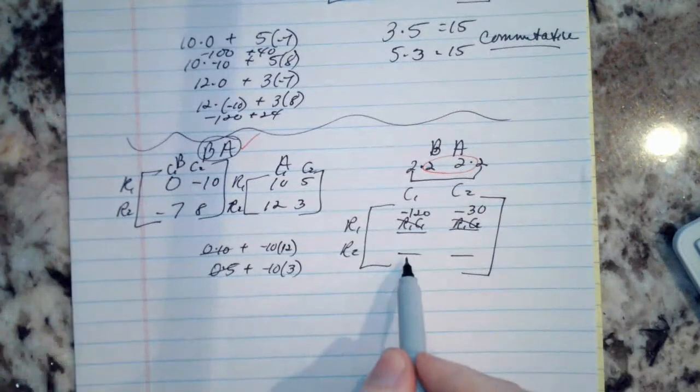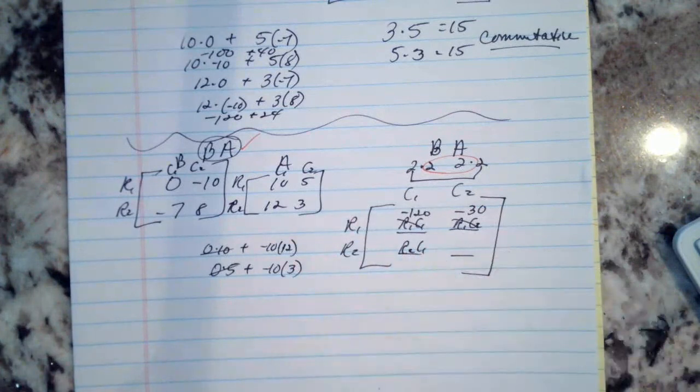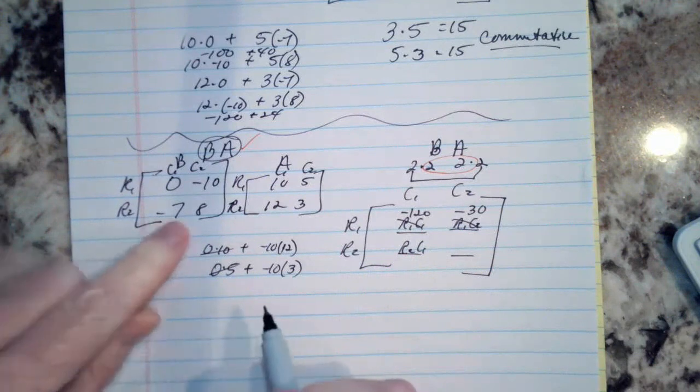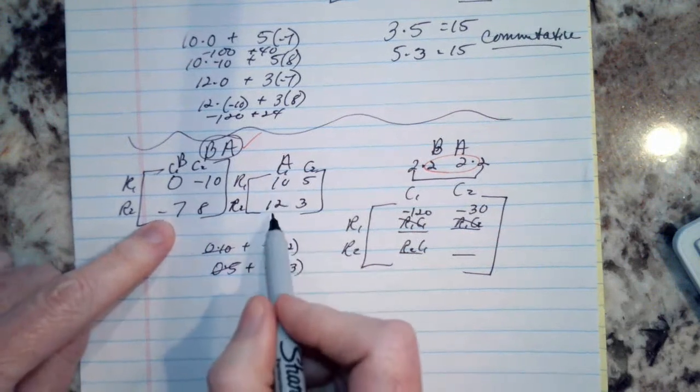Okay, how about this guy right here? Okay, row 2 is right here. Column 1 is right here.